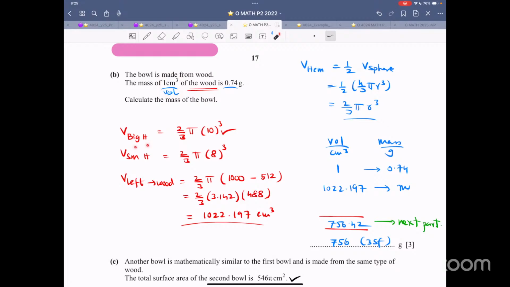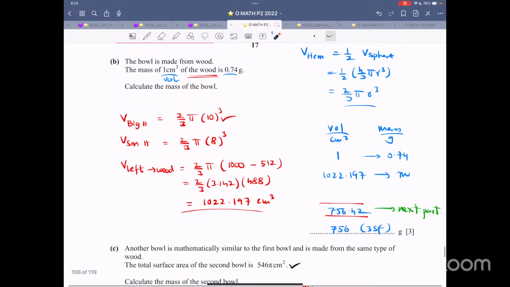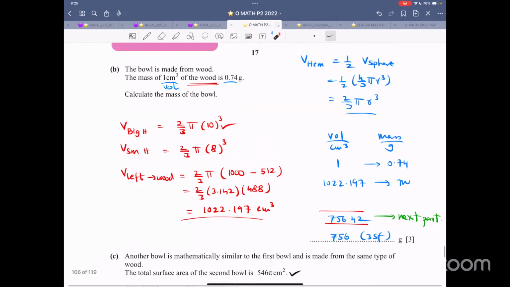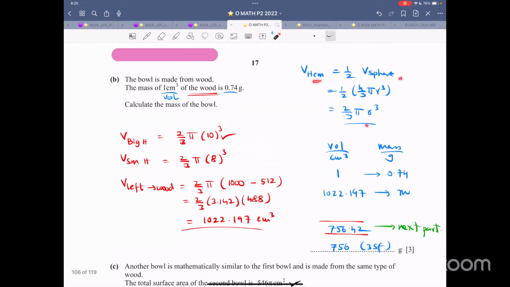So volume of big hemisphere, that's 2/3 pi r cube. Volume of small hemisphere, that's 2/3 pi r cube. This is 10, this is 8. So the volume left over is 2/3 pi common, 10 cube is 1000, 8 cube is 512. That's all you need. Volume of hemisphere is half that of a sphere.